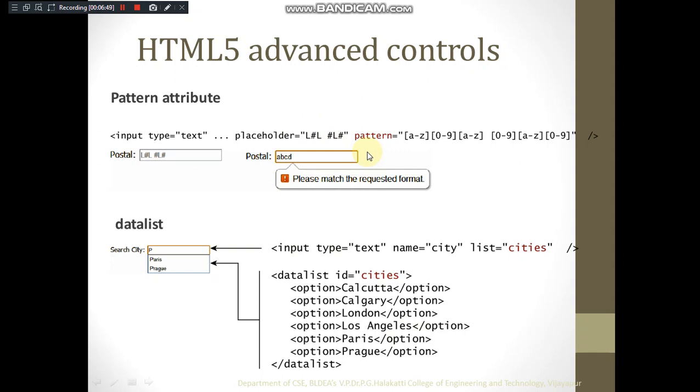Okay, you can also observe a data list here, right? Data list and select, right? What is the difference? The difference between select and data list is, in select you don't have a provision to type your own data. Okay, whatever is listed, that has to be chosen. Whereas in case of data list, it is giving you a list of options.